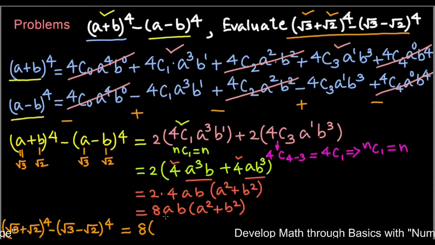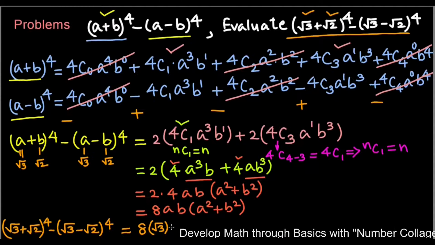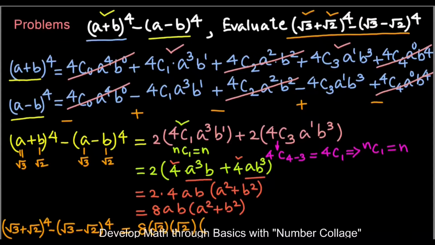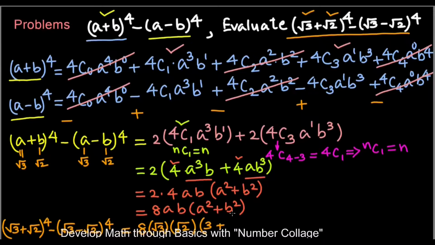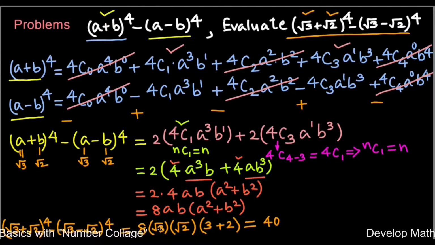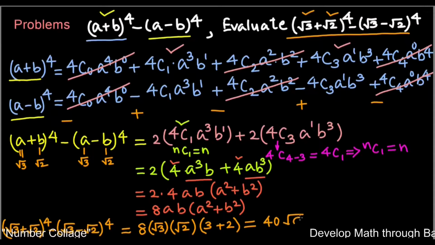We have a equals root 3, b equals root 2, then a squared, that is root 3 squared, will be 3, and b is root 2, and root 2 squared is 2. So that gives us 3 plus 2, 5, 5 8s are 40, and root 3 multiplied by root 3 is root 6.